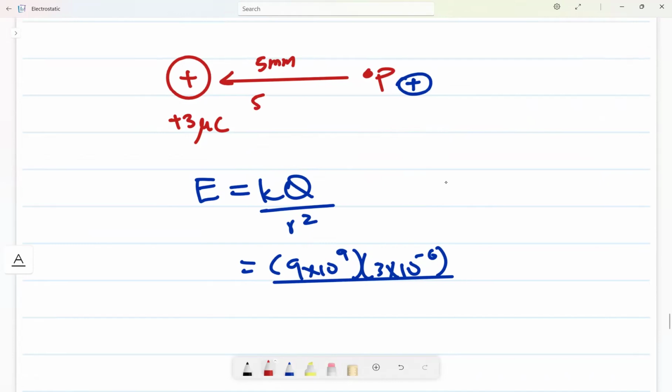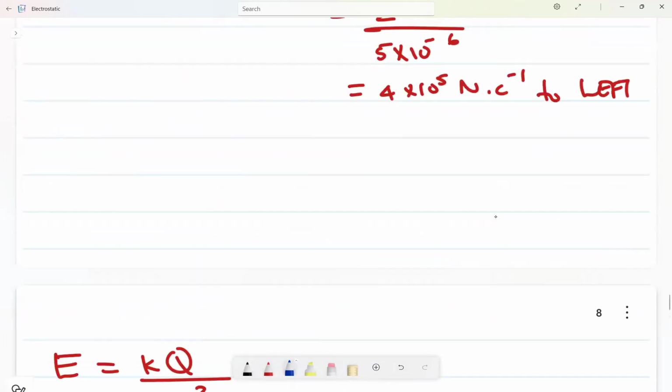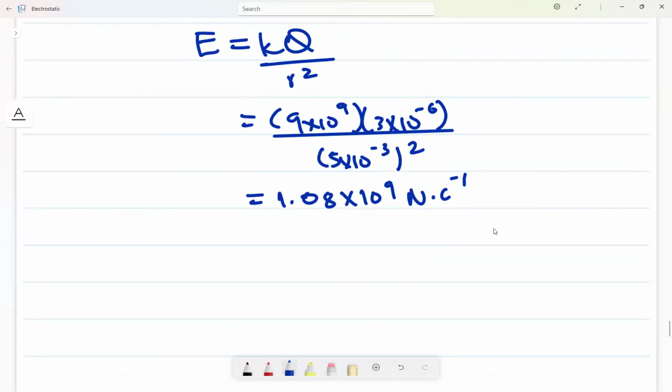Remember, 5 millimeters is the same as 5 times 10 to the power of negative 3 meters. I do not forget the square. Then I get a value of something like 1,08 times 10 to the power of 9 newtons per coulomb.